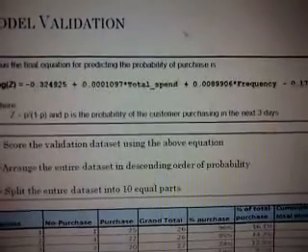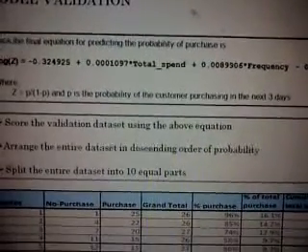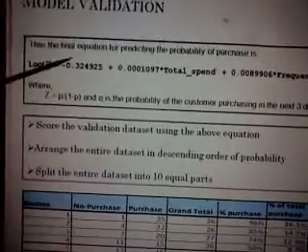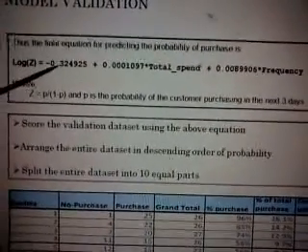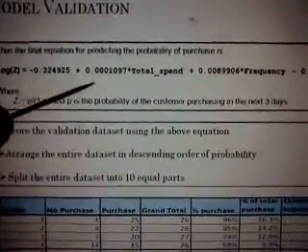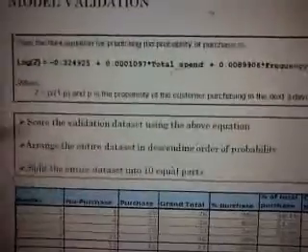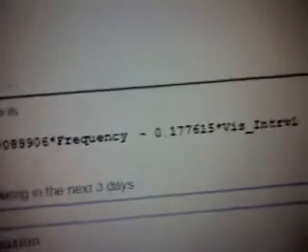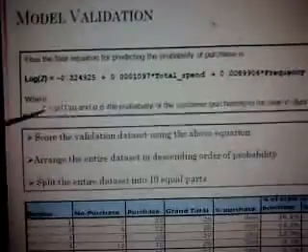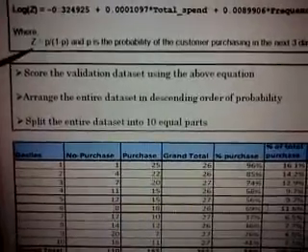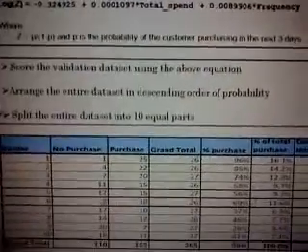The model, based on our analysis of the 732 customer records, is: log of odds equals minus 0.324495 plus 0.0001097 into total spend, and so on. You can find the equation here. This gives us the probability of a customer purchasing in the next 3 days.